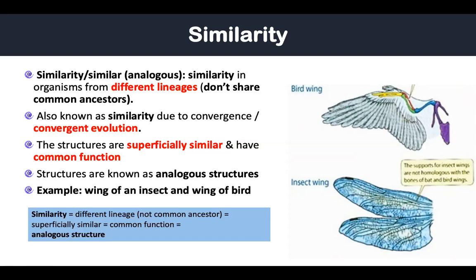Okay, so this is an example of analogous structures. They superficially look similar, they have similar function, but the organisms don't share a common ancestor.